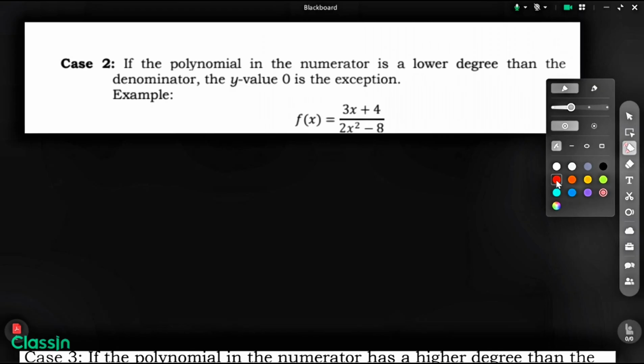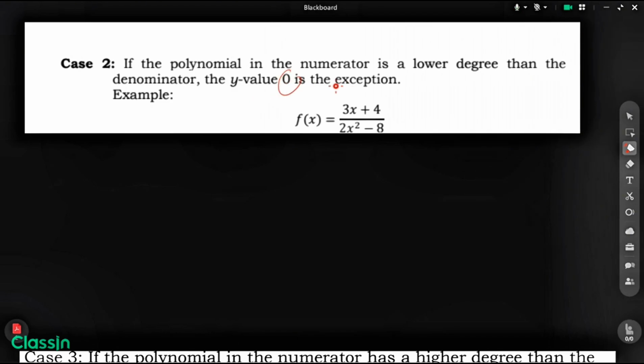Again, in case 1, the same degree of numerator and denominator, we divide the numerical coefficients, and that will be your exemption. But in case number 2, the exemption will be 0 if the numerator is lower degree than the denominator.